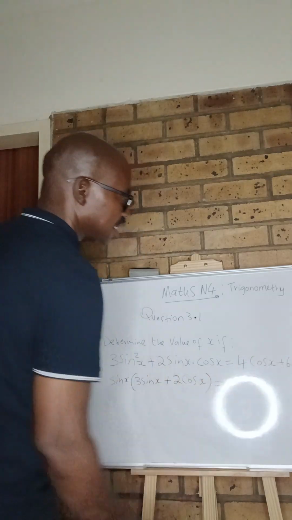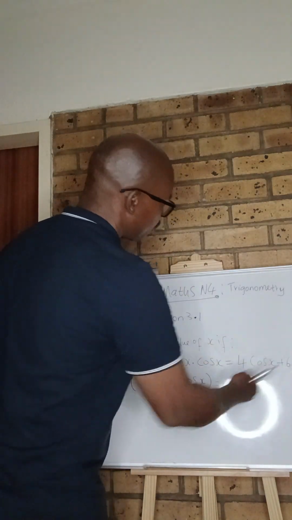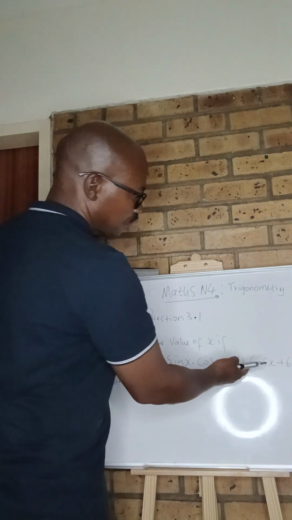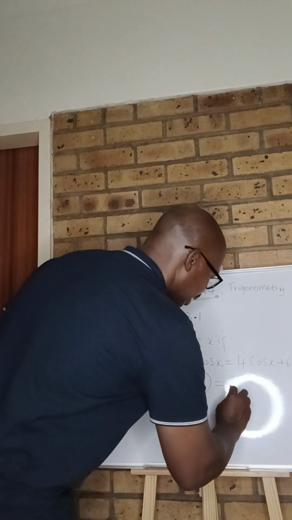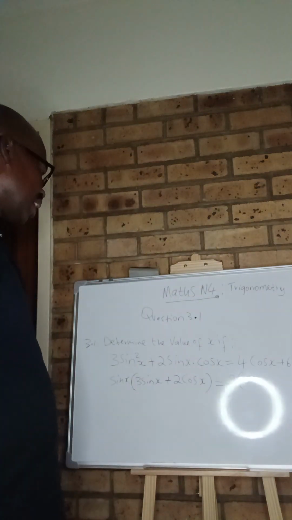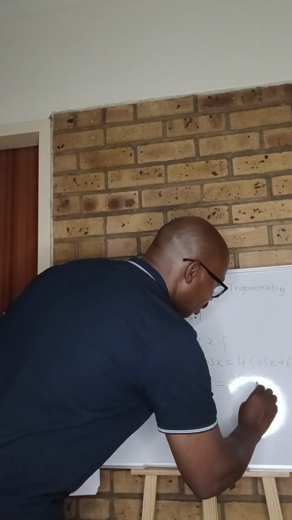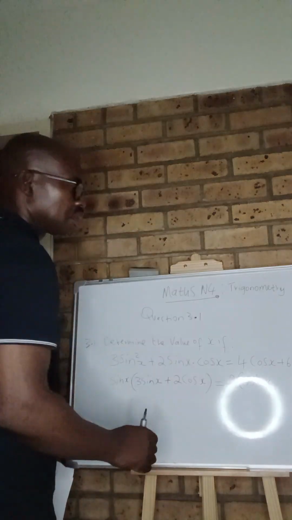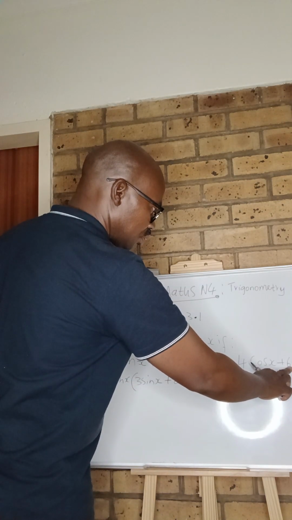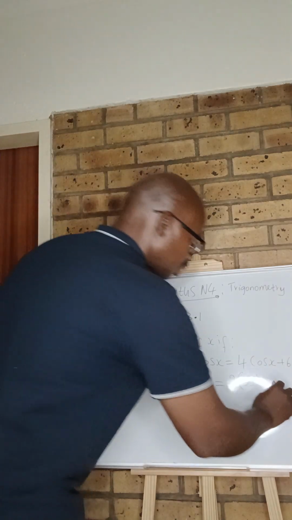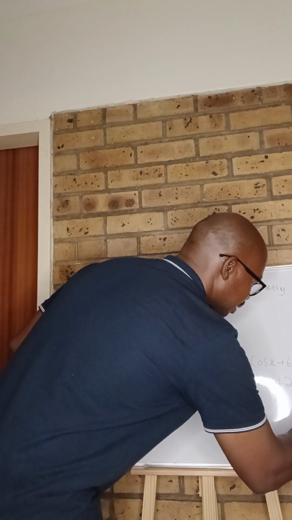After factorizing, I will factorize on the other side. There is no trigonometric ratio that is common, but I see numbers. I see 2 here; in 4 there is 2, in 6 there is 2. Let us take out 2 as a common factor. So we'll be having 3 sine x plus 2 cos x.